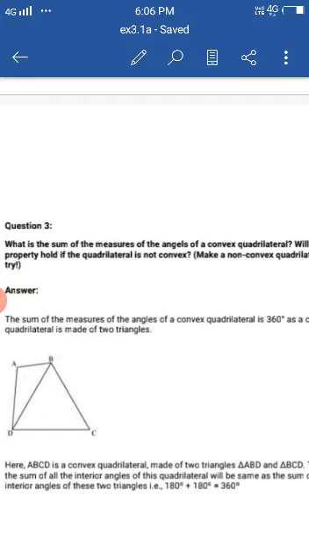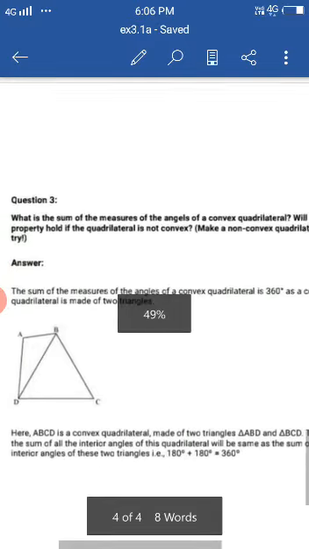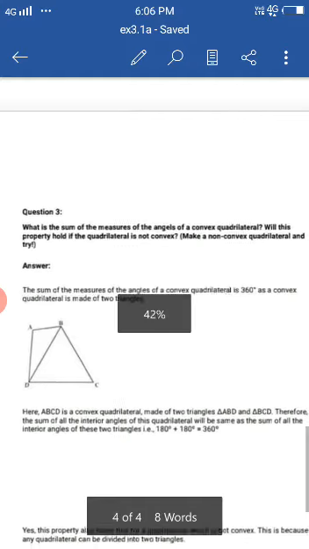And we know that the sum of all angles of a triangle is 180. So the sum of all angles of ABD is 180 degrees and BDC is again 180 degrees because this is also a triangle. So the total sum is 180 plus 180 is 360. So the sum of the angles of the convex quadrilateral is 360.